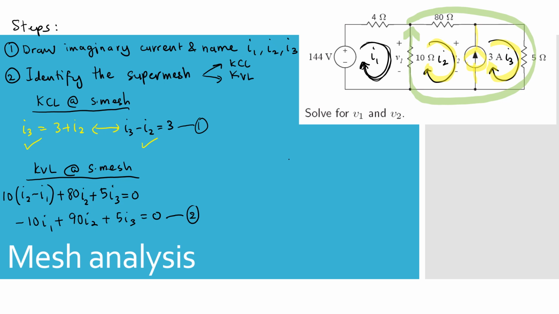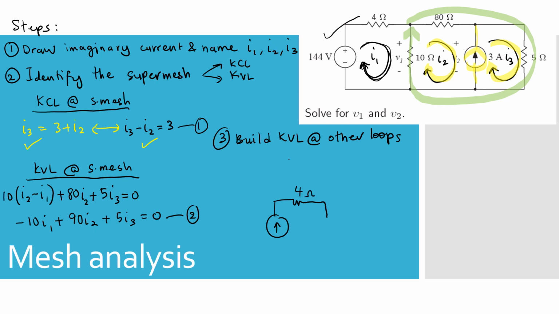So the third step is to build up KVL at the other loops that exist. But please bear in mind that if, let's say, the last loop is attached to a current source, this is a 4 ohms, right?